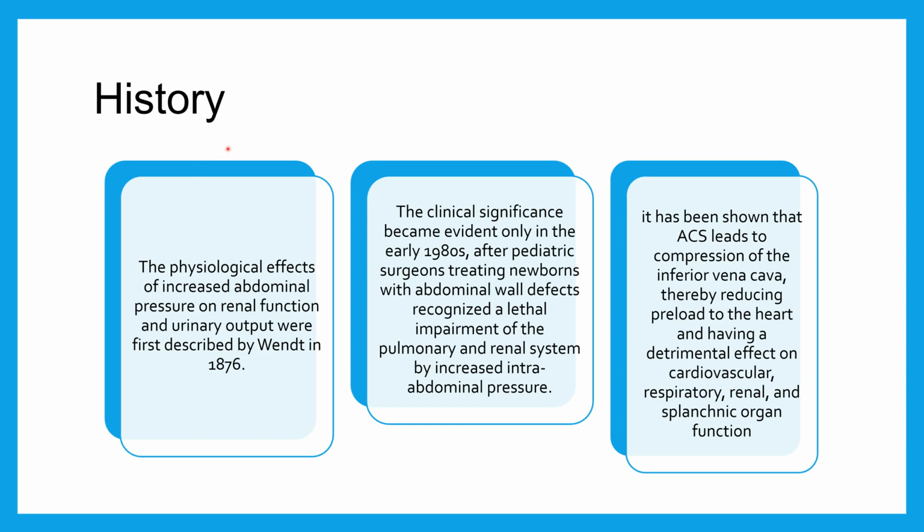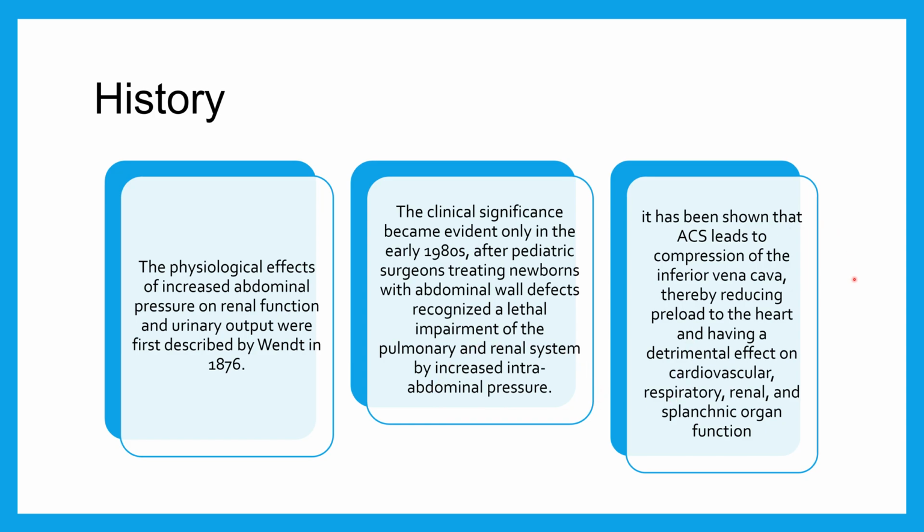Historically, people started to think about increased intra-abdominal pressure causing problems from 1876, when there was concern regarding its effect on renal function and urine output. Then from the 1980s, with advancing surgical treatment for neonates with abdominal wall defects, people started to think about lethal impairment of the pulmonary and renal systems due to increased intra-abdominal pressure.